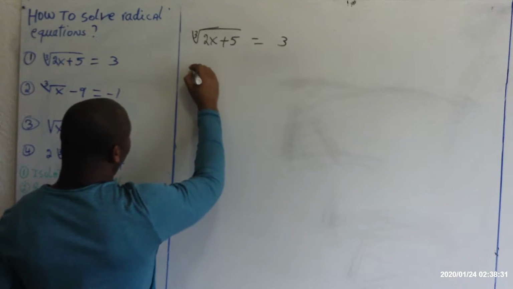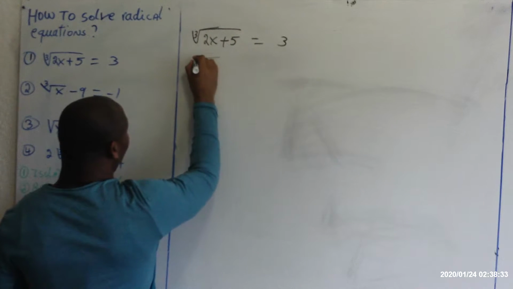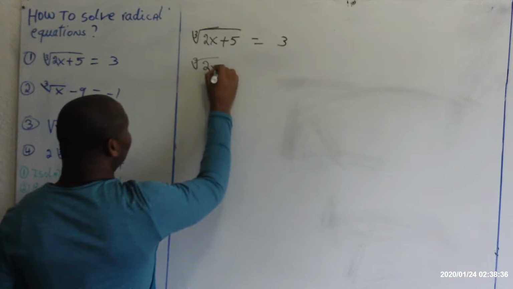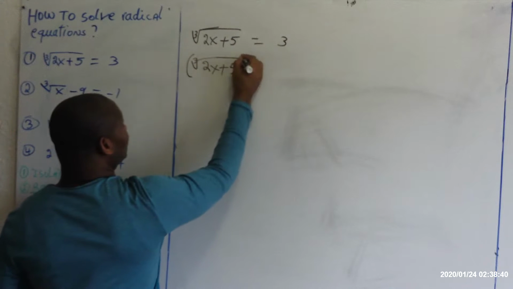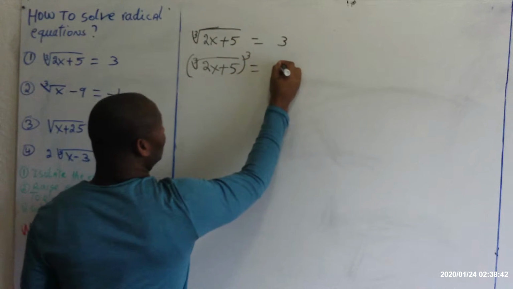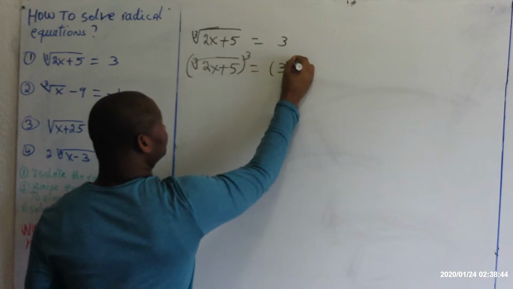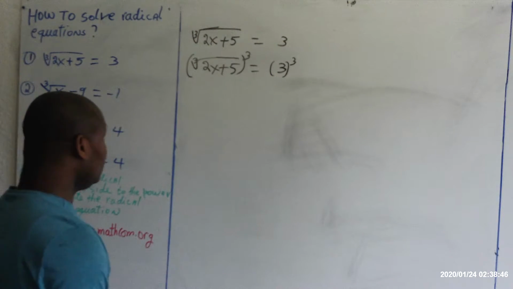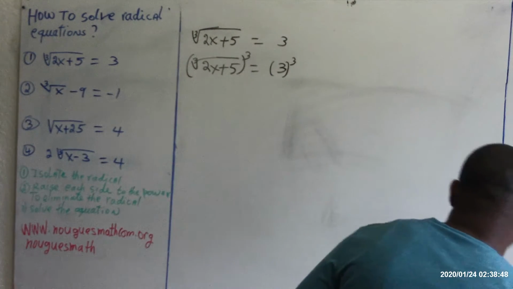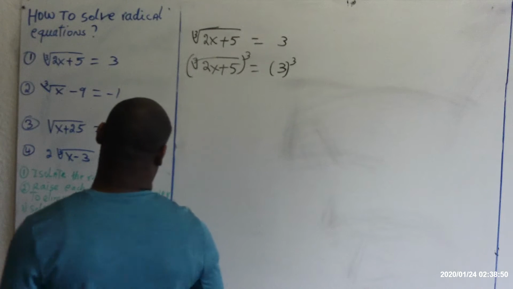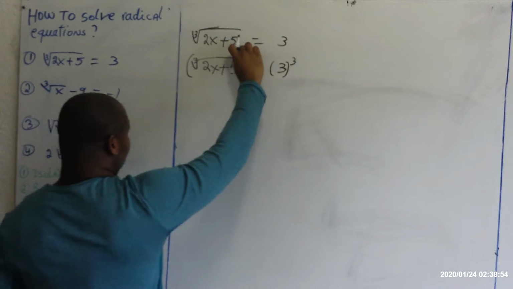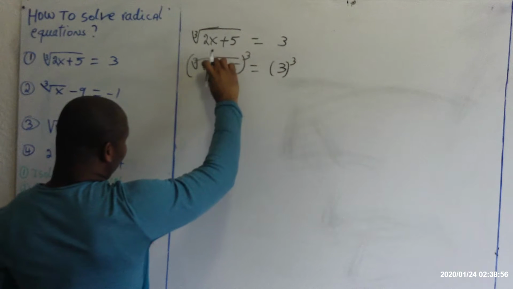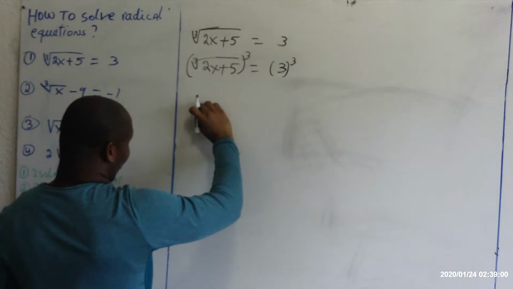So it's going to be the cube root of 2x plus 5, so we have power 3 right here and power 3. Because we raise each side to the power 3, we can just take out the radical and keep 2x plus 5.